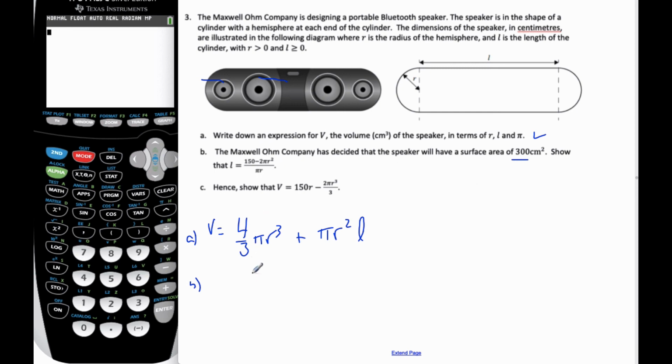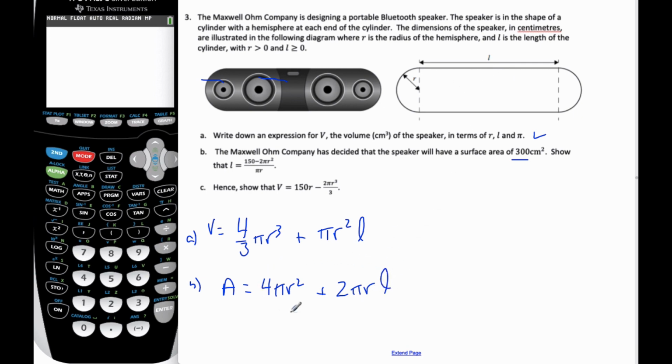If I want to find the surface area of this speaker, the area is going to be the entire sphere, which is two parts. Using my formula booklet, that is 4 pi r squared, the surface area of a sphere, plus the curved area of the cylinder, 2 pi r h, which h is actually L in this case.